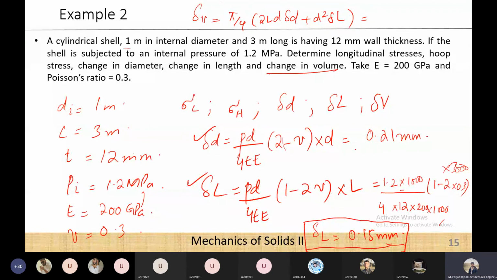You have every factor with you, but be careful about the units.